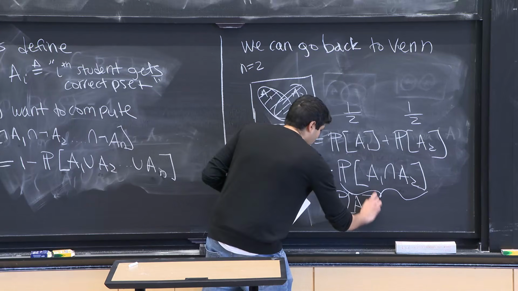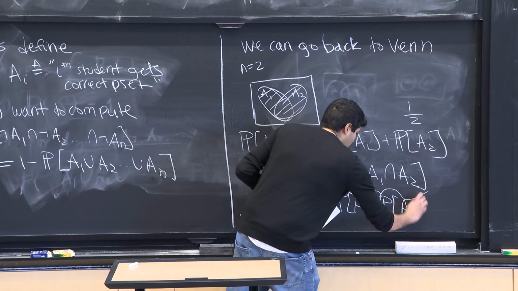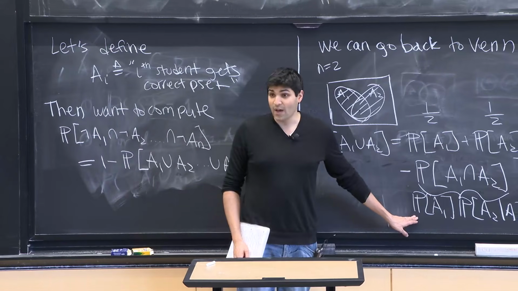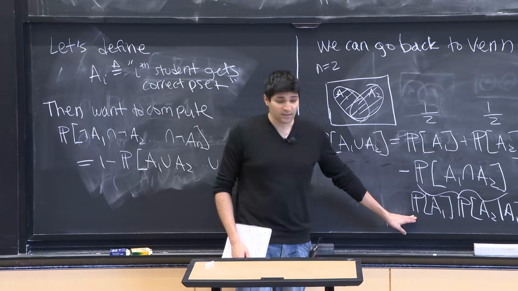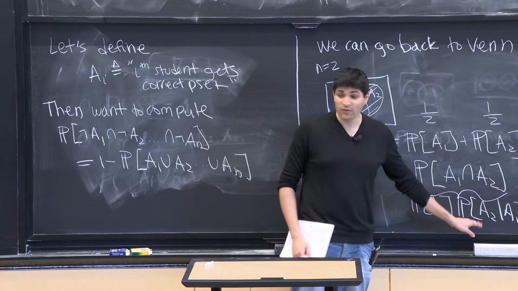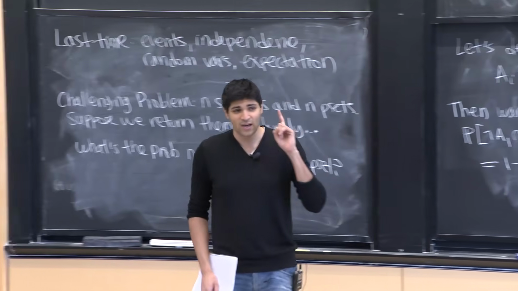It's the same thing as the probability of A1 times the probability of A2 conditioned on A1. Say once I tell you that A1 has happened, which happens with 50-50 chance, then I now change my sample space and I have to look at the new conditional probability. So any thoughts on why it's not a quarter?